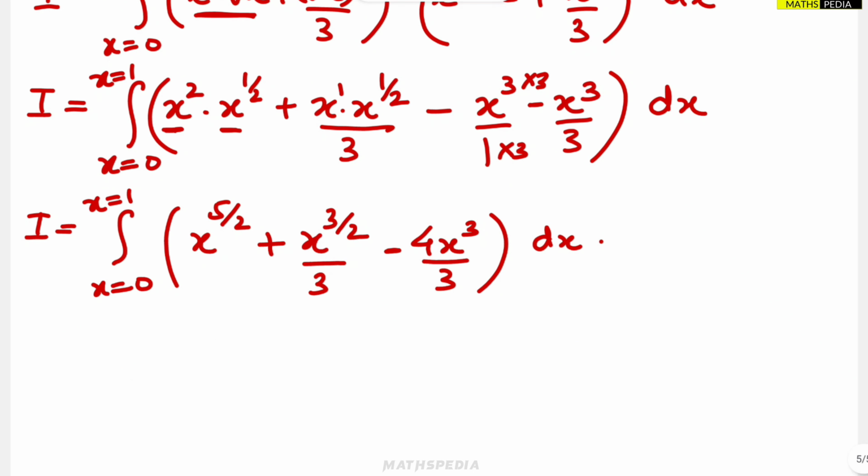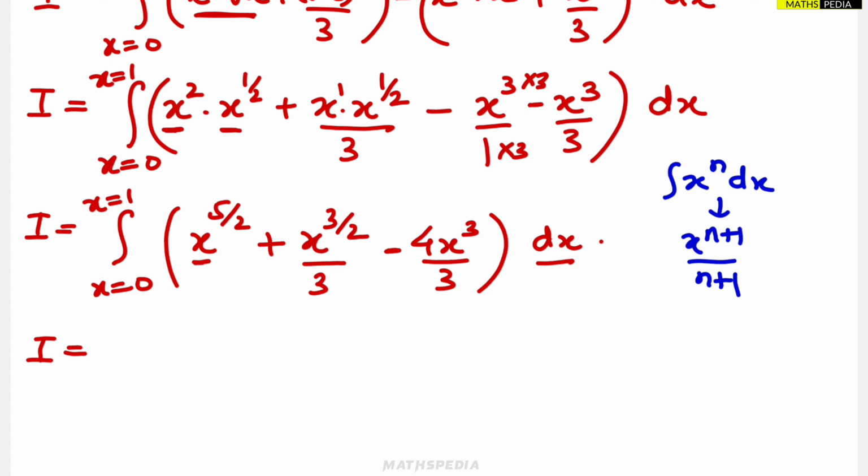Now I will apply the second limit or the second integration. With respect to x, we have to integrate now. So as we know that simple integration we are going to do, x power anything. What formula we are going to apply? Integration of x power n will be what? x power n plus 1 by n plus 1.